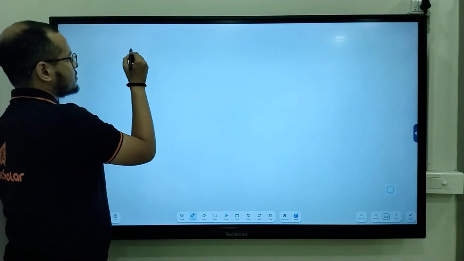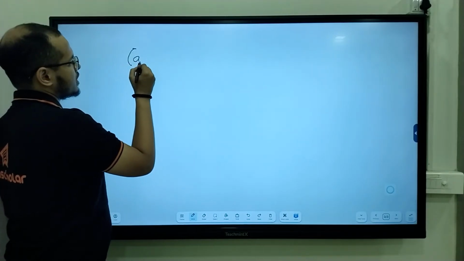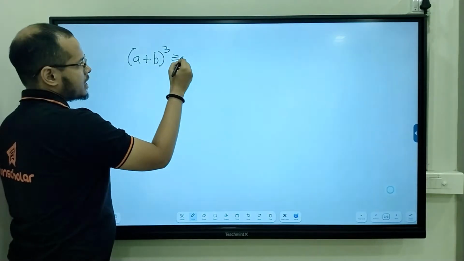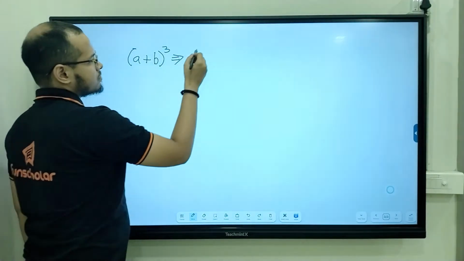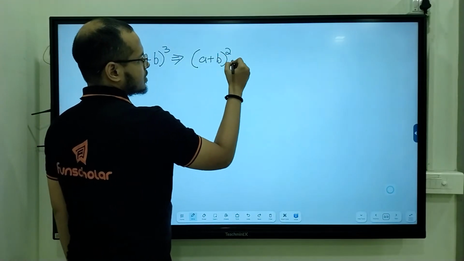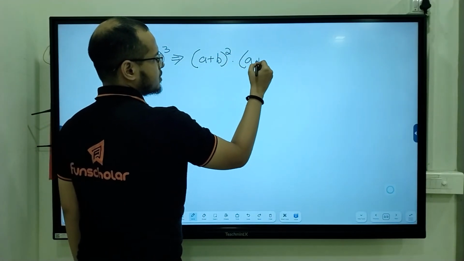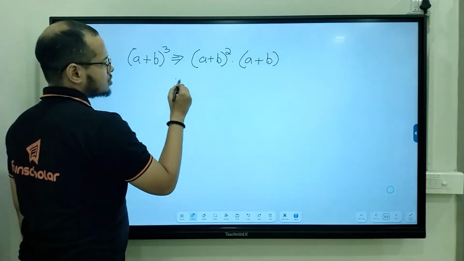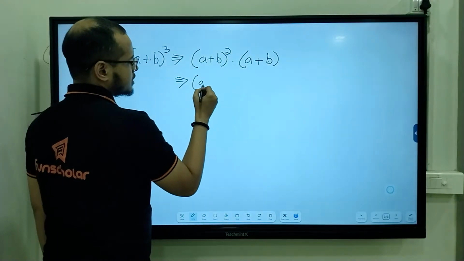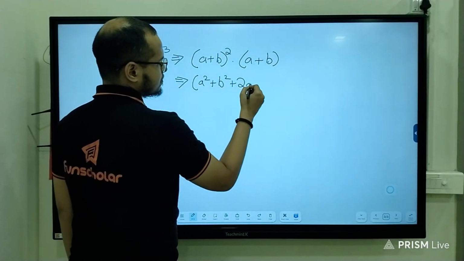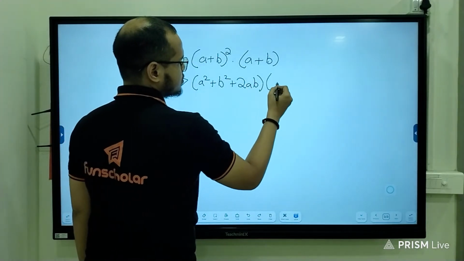First thing is we'll be understanding what is (a plus b) whole cube. (a plus b) whole cube is nothing but (a plus b) whole square into (a plus b). As we have already done what is (a plus b) whole square, we can write this as a square plus b square plus 2ab, and we are multiplying this with a plus b.